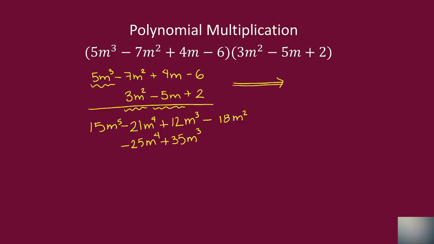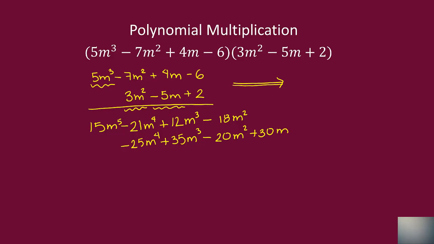Okay, now the next term, negative times positive is negative. 5 times 4 is 20. M times m is m squared. Okay, now my next term, negative times negative, positive. 5 times 6 is 30, and I just have the m. Okay, notice how since I just checked the first term, the m fourth power, all the other terms are already beneath its like term.